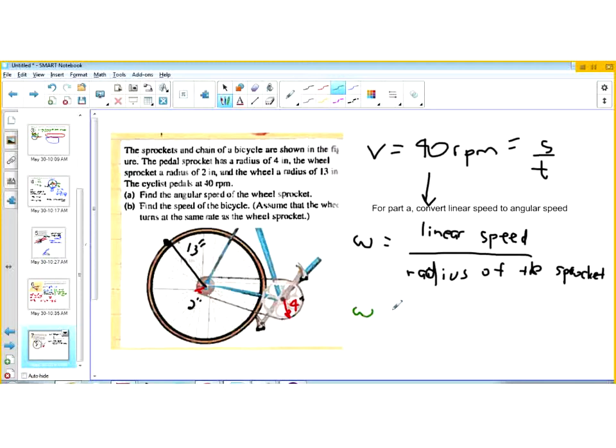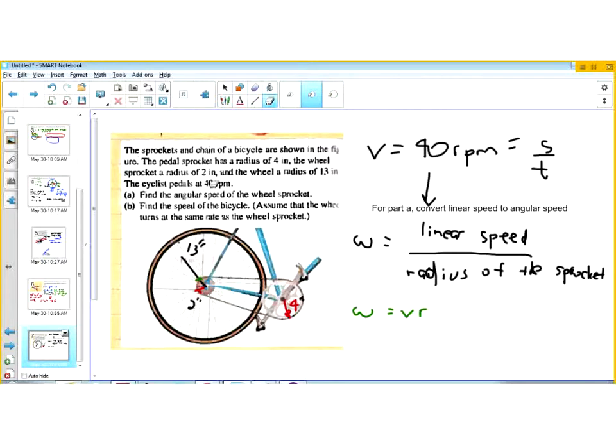If you're converting between angular speed omega and linear speed v, then the angular speed is proportional to the linear speed, and the constant of proportionality is the radius of the circle.